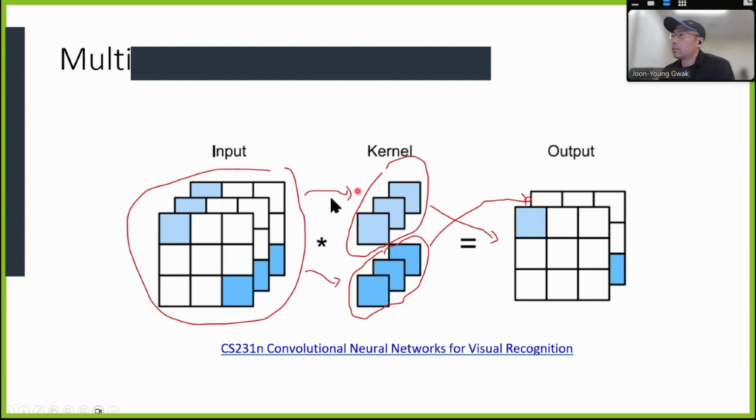That will be applied to each of the three dimensions of the input, which will be aggregated into one understanding of that feature from the three channels of the input. In this diagram we have two such kernels or feature detectors, so we're getting two output matrices.